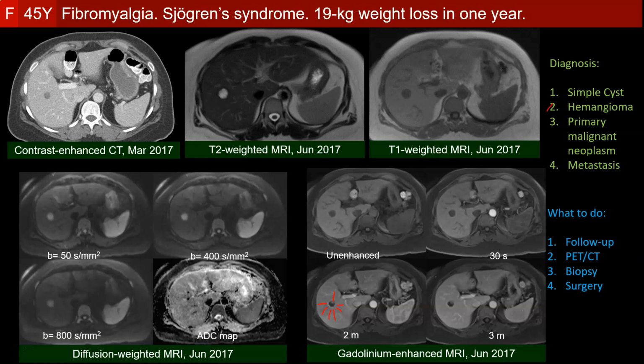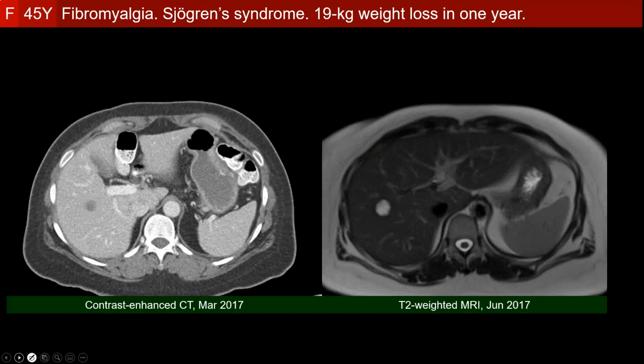So a hemangioma is out, and there is one common feature in the provided images against both the cyst and the hemangioma, which is the increase in size of the lesion on comparison of the CT and the MRI. Evaluation of the size of the lesion is very important in radiology, and it becomes more important if we are dealing with a lesion on follow-up.